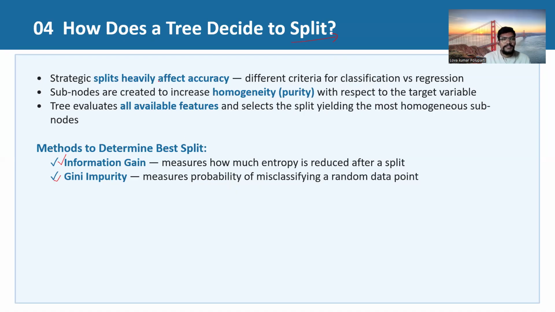Let's see each and everything in detail. It's a very strategic split because we have a lot of columns and rows, and it is not easy to do by observing or by watching. Even making the machine understand is a tedious task.